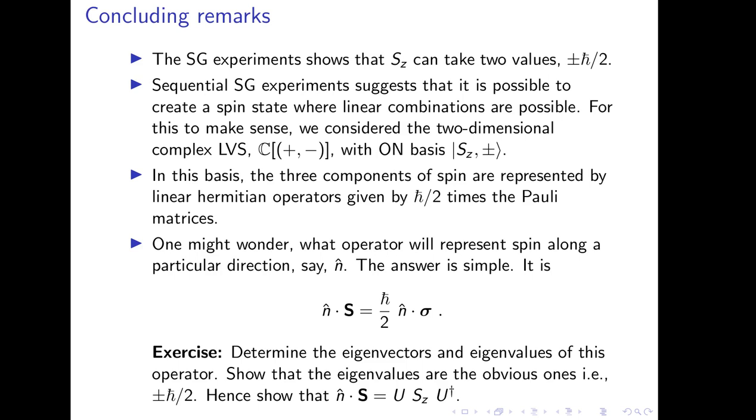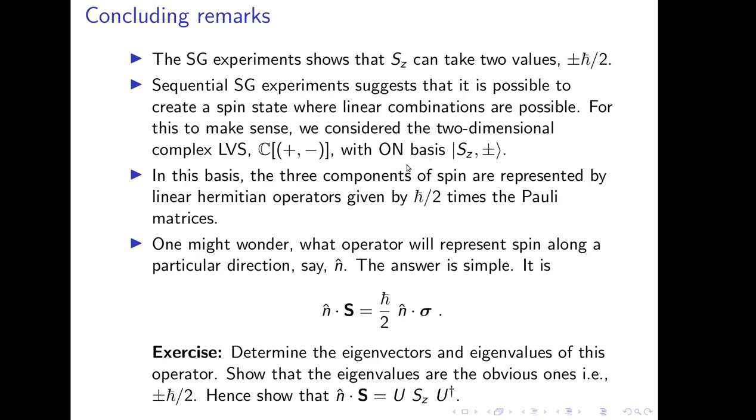Let us now conclude. The SG experiments show that Sz can take two values, plus or minus h cross by 2. Sequential Stern-Gerlach experiments suggest that it's possible to create a spin state with linear combinations of Sz plus and Sz minus. For this to make sense, we consider the two-dimensional vector space, C squared, of two possible states plus and minus. Remember, we had seen how to convert a set to a vector space.